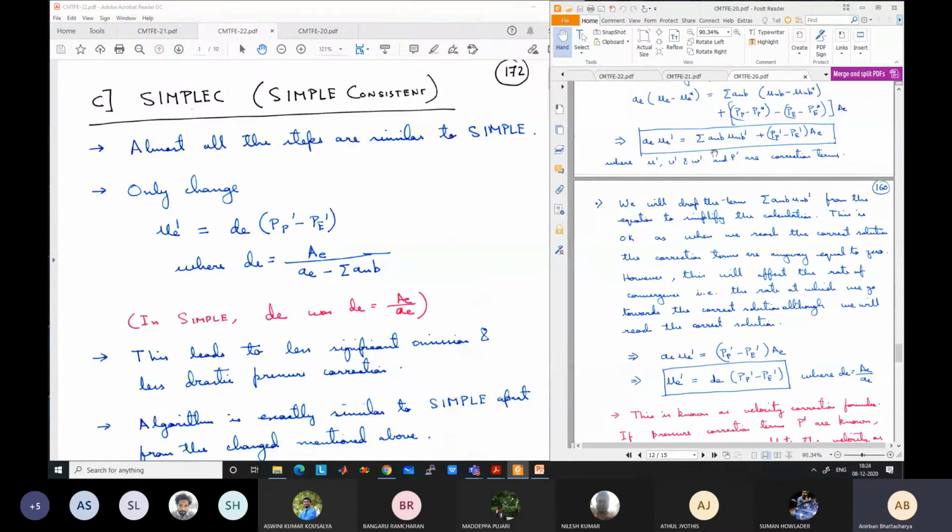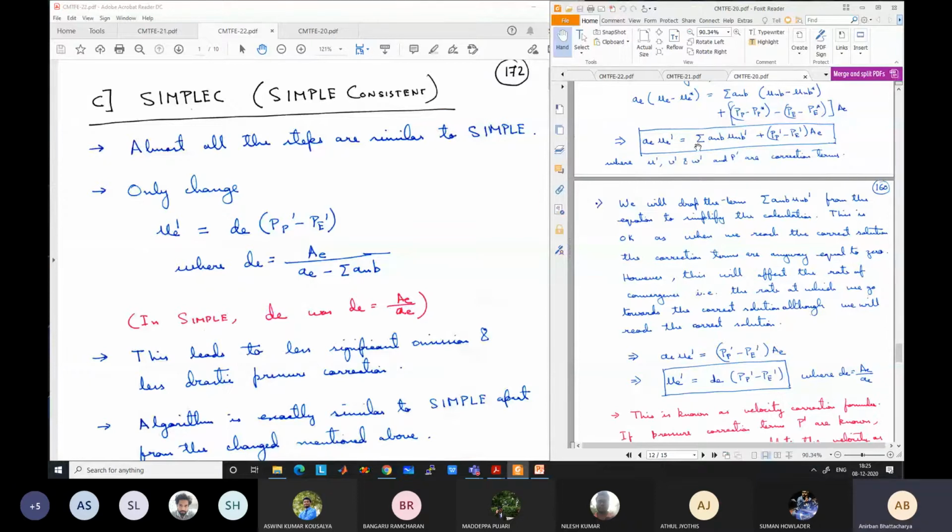Instead of taking 0, you take something which is better than 0 but not exactly equal to summation anb unb dash. So what is this better value? It is summation anb uE dash itself.